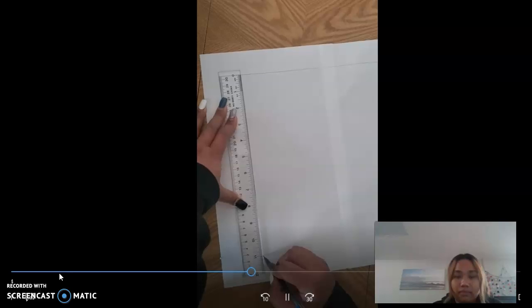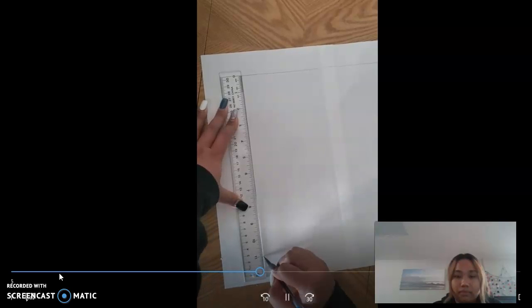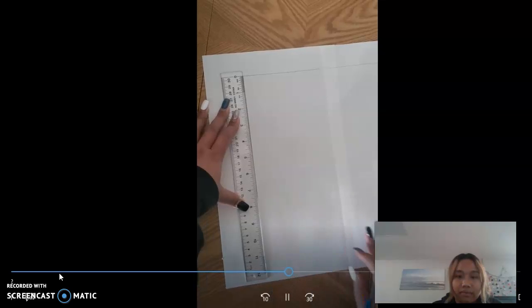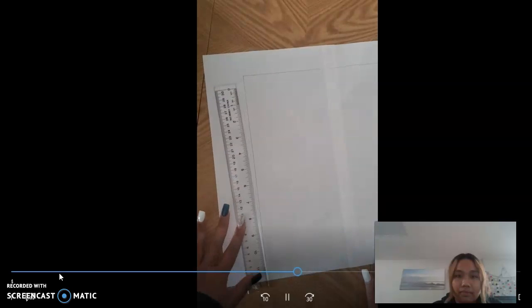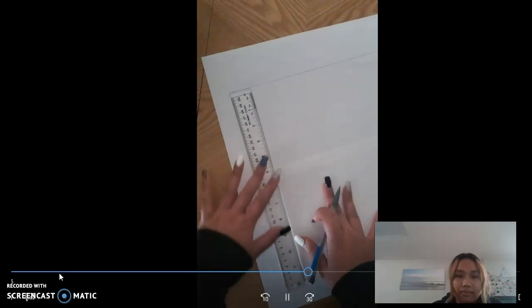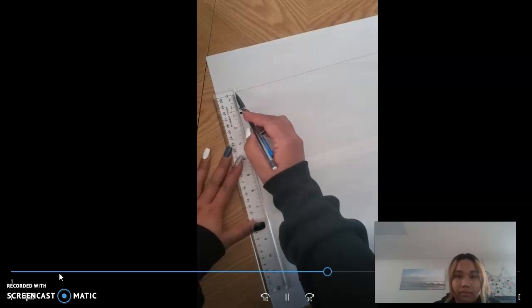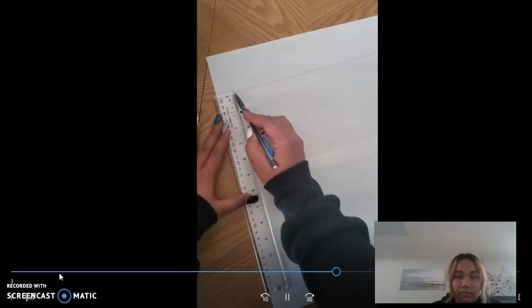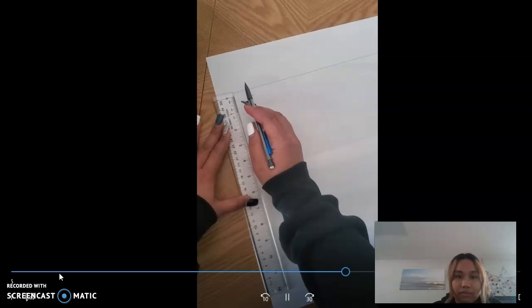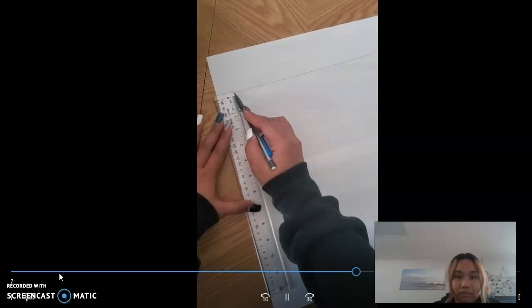Now count up, and use 1/16 of an inch, just that one. And then we just have to connect them to show the item. We can use a dotted line or a broken line just to connect them.